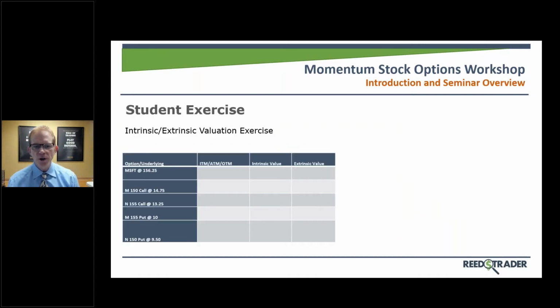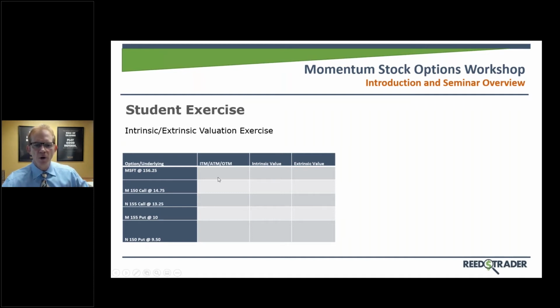So here's a little intrinsic, extrinsic valuation exercise. We have Microsoft trading at $156.25. We have a June 150 call trading at $14.75, a July 155 call trading at $13.25, a June 150 put at 10, and a July 150 put at $9.50.